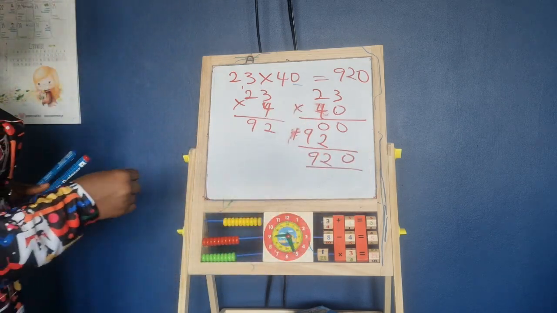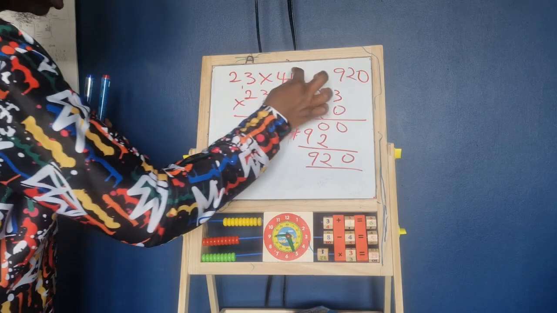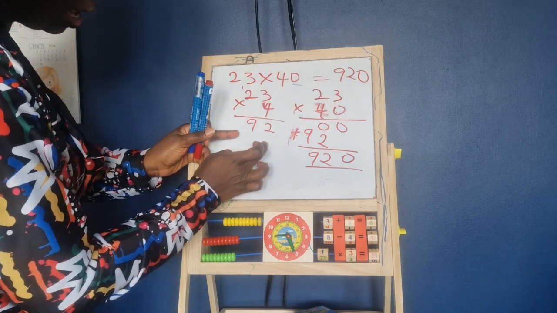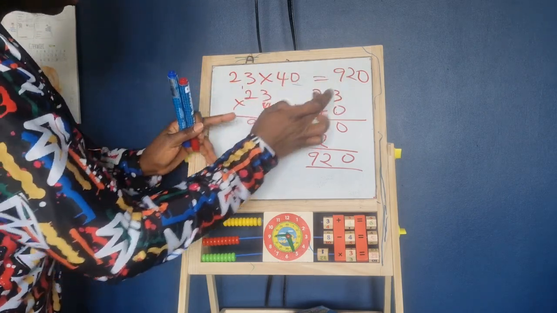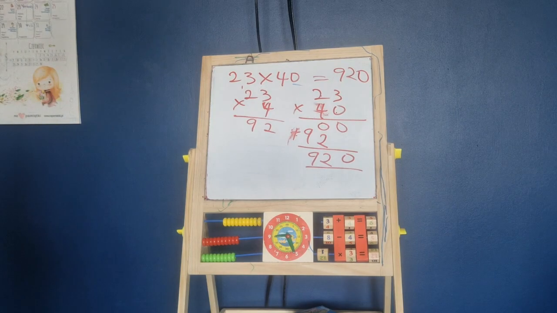So if you are using the keep your 0 method, once you are done multiplying, make sure the 0 you kept, you add it at the end.